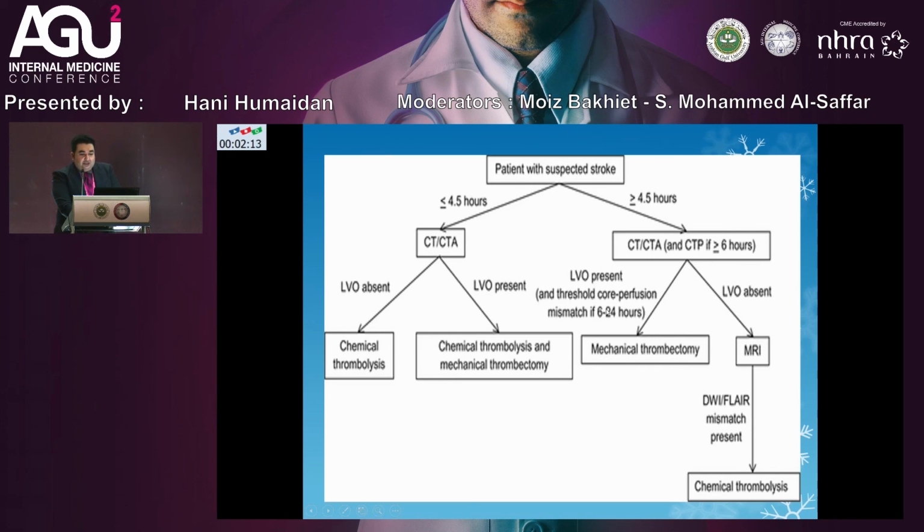With large vessel occlusion and threshold core perfusion mismatch, if 6 to 24 hours, they can undergo mechanical thrombectomy. If they don't have large vessel occlusion, then you do MRI with diffusion FLAIR mismatch. If they have a salvageable area, then you can go with IV thrombolysis. Okay, thank you.